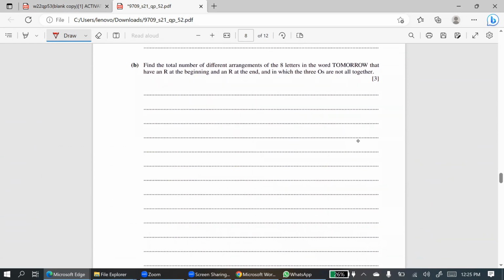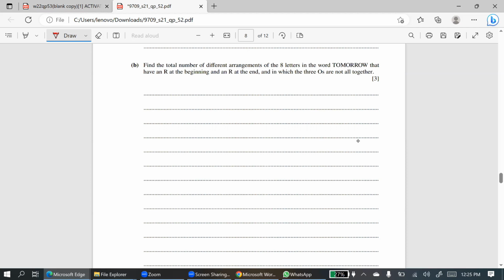Now part B. Find the total number of different arrangements of the 8 letters in the word tomorrow that have an R at the beginning and at the end, and in which the 3 O's are not all together. 3 O's should not be together. There may be 2 O's together, but not 3.